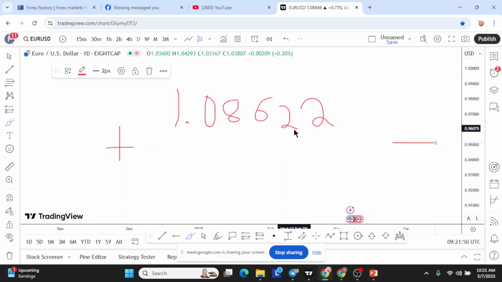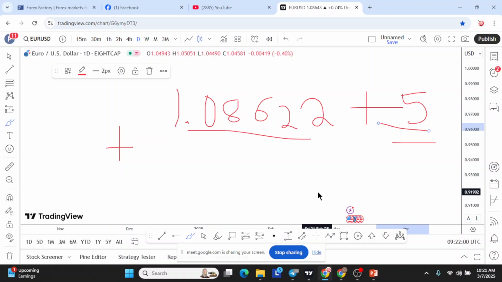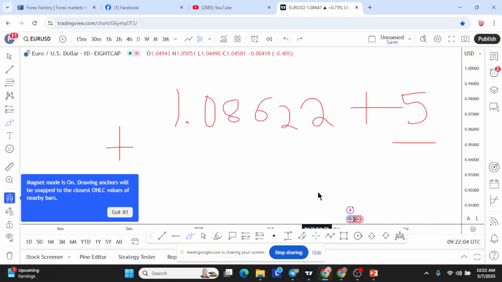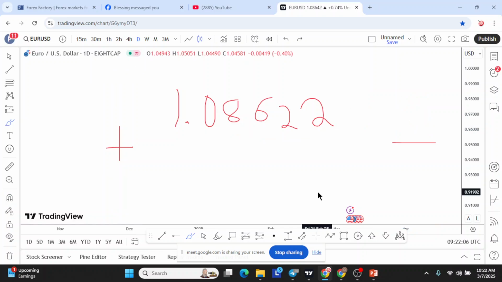So when we expect that price should go up by 5 pips, we don't just type this number and then add 5 to it. That is not how we calculate it in forex trading. We calculate it from where the pip count starts.